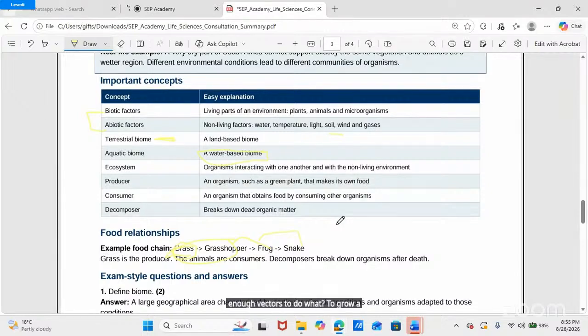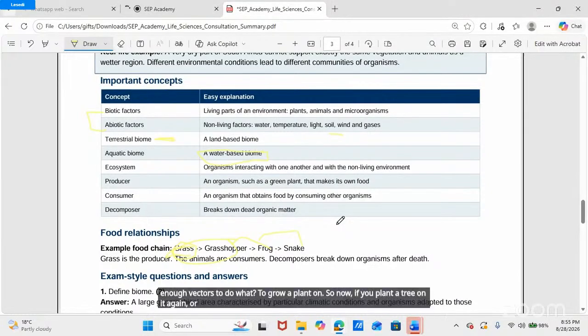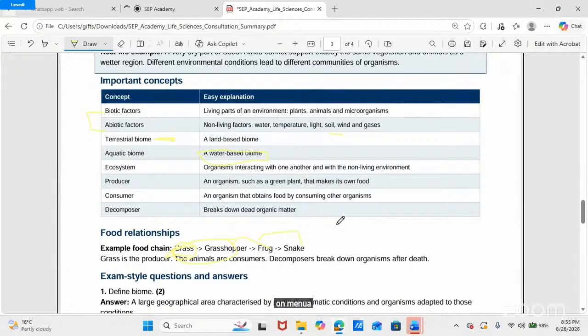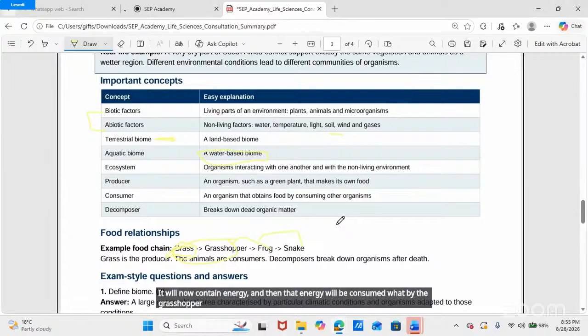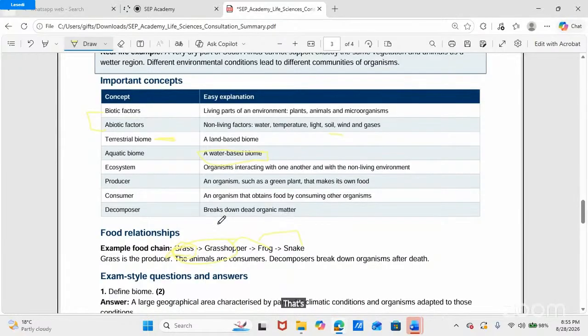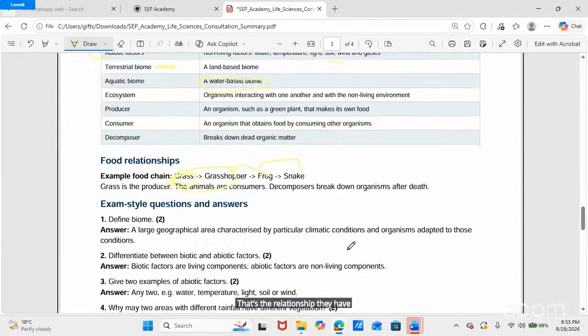If you plant a tree on it again, or grass grows on the manure or dead organic matter, it will contain energy, and that energy will be consumed by the grasshopper. That's the relationship from one thing to another, and it's a cycle.